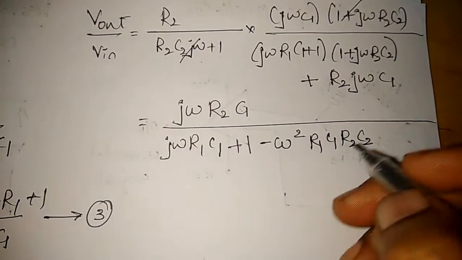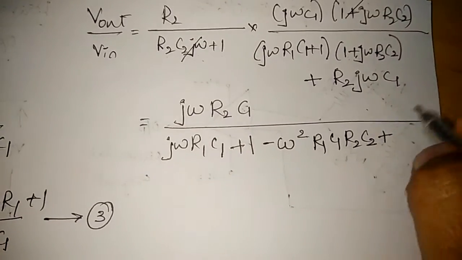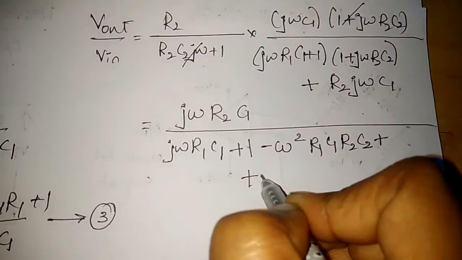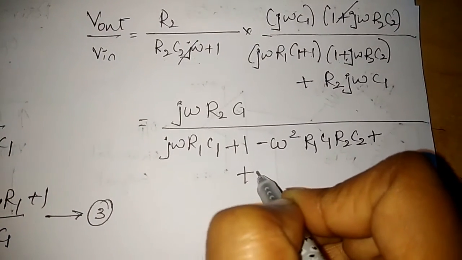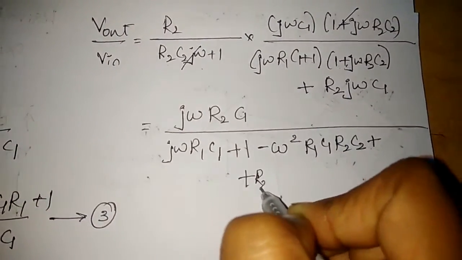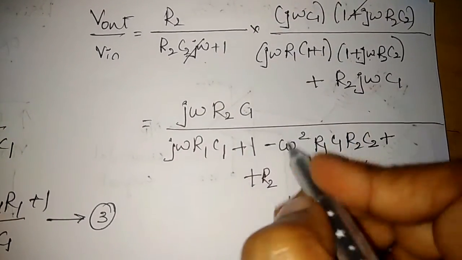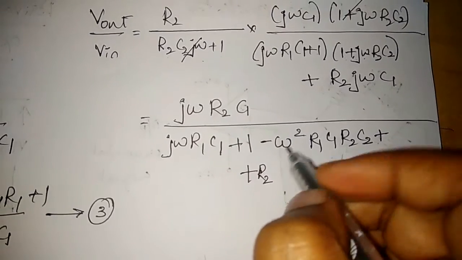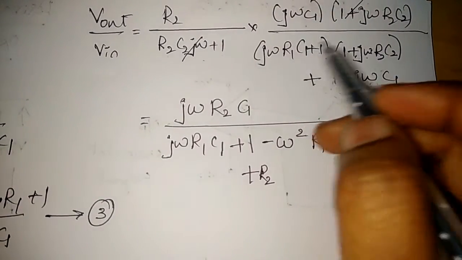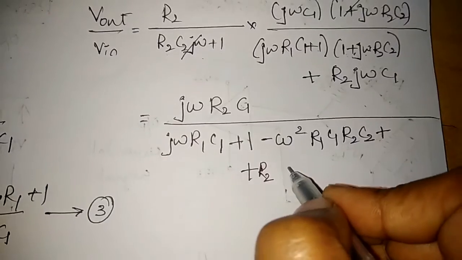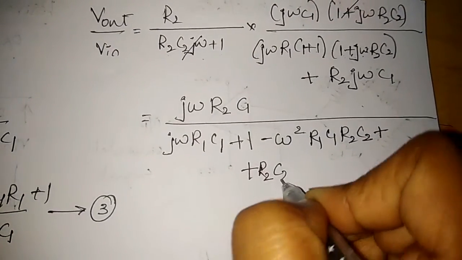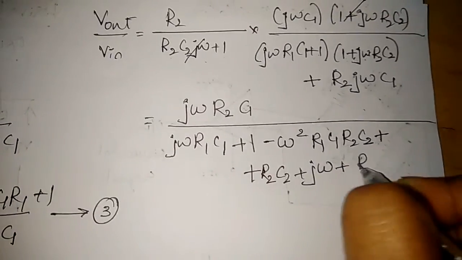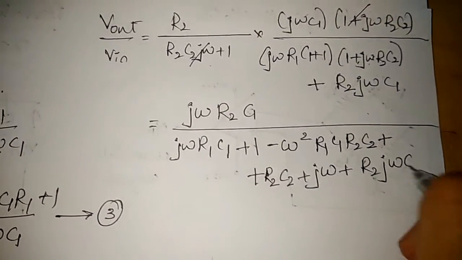Plus, again multiplying with this, that is plus R2C2 j omega plus R2 j omega C1.